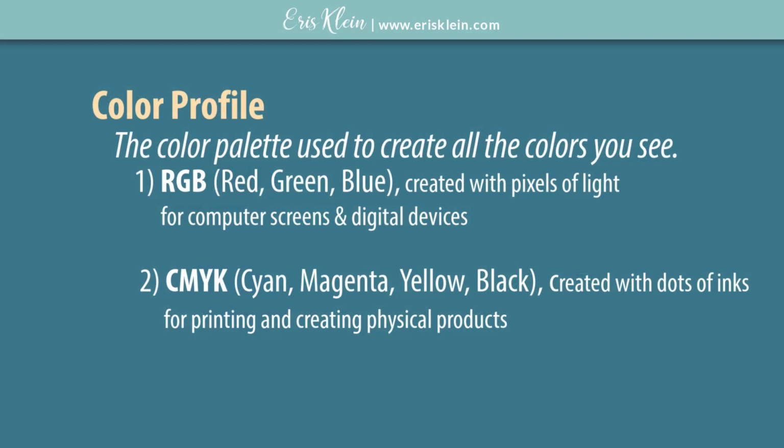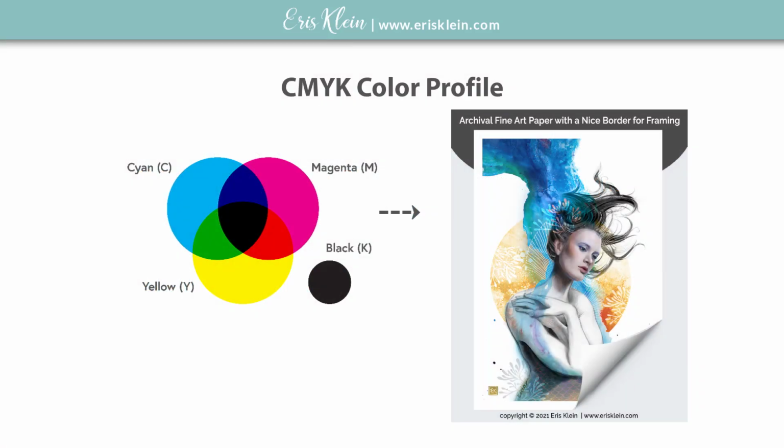And then CMYK color profile relates to printed items. It's printer's inks, and they use 4 colors to print everything that's full color. They use cyan, magenta, yellow, and black. And they use dots too, but actually physical dots.